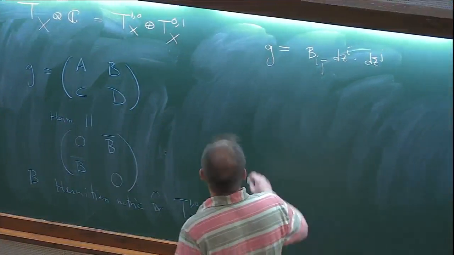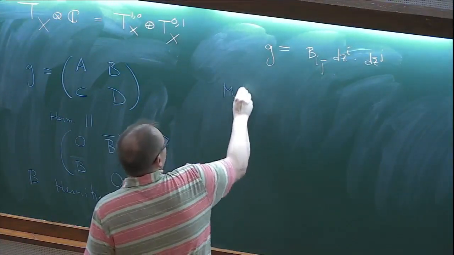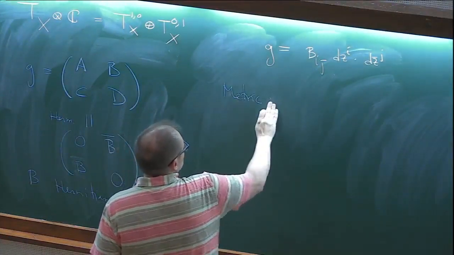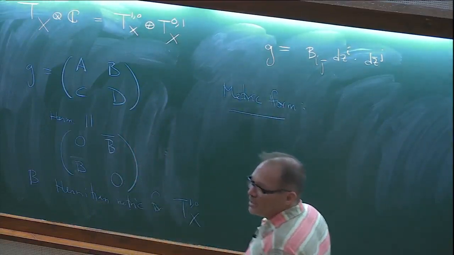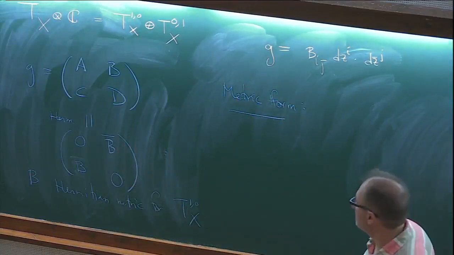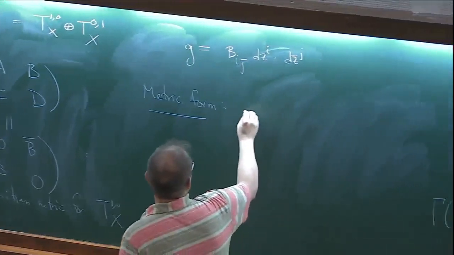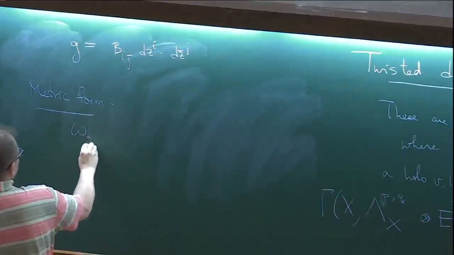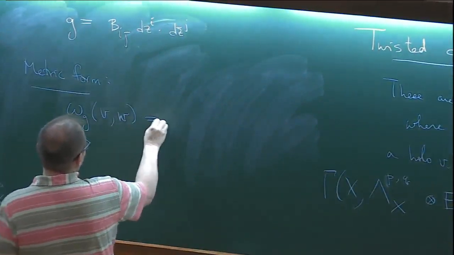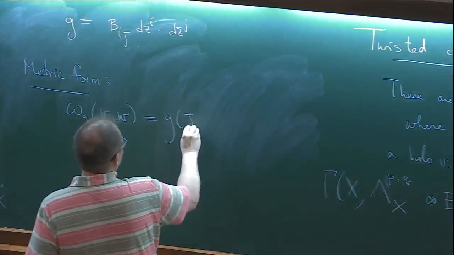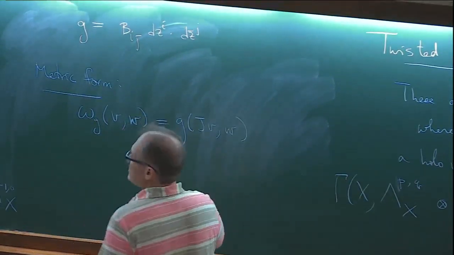Okay, another important quantity that Hermitian metrics have is that they are related to a differential 2-form, called the metric form, and it's defined, call it omega sub g. So omega_g on vectors v and w will be g(Jv, w).